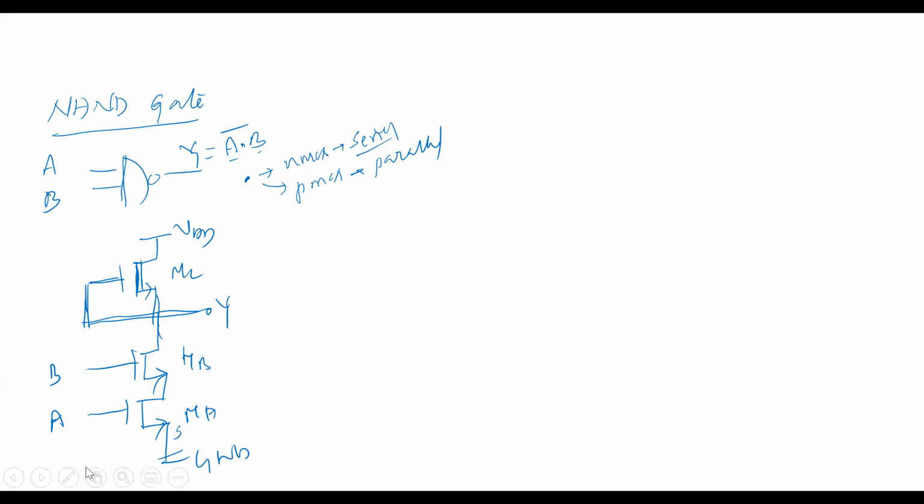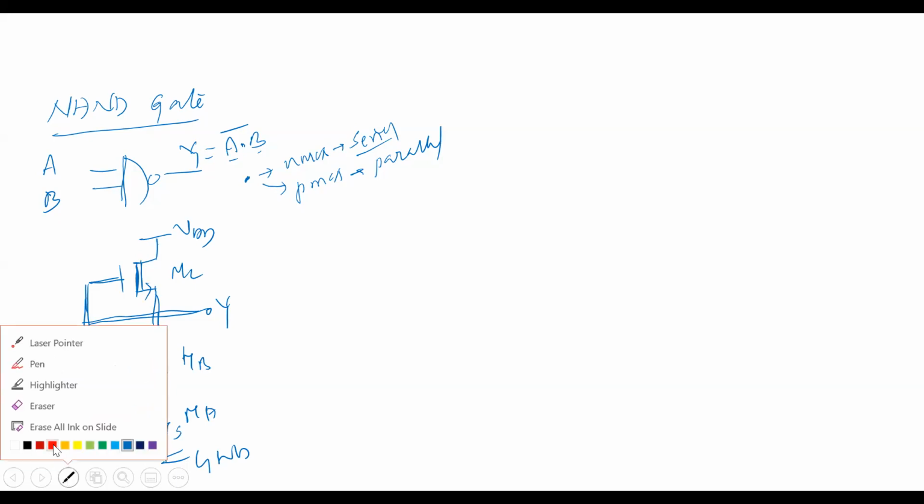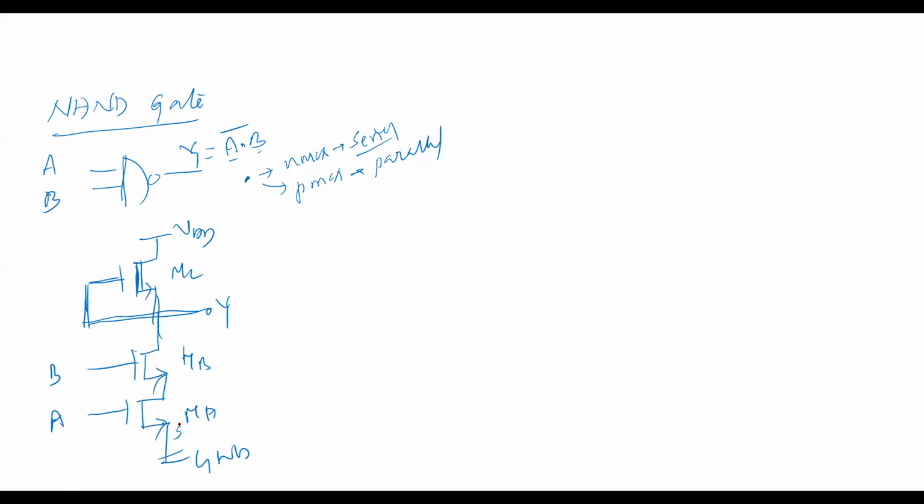I will change the color. This is the source of MA, this is the drain of MA, this is the source of MB, the drain of MB. And this is the source of ML, this is the drain of ML.